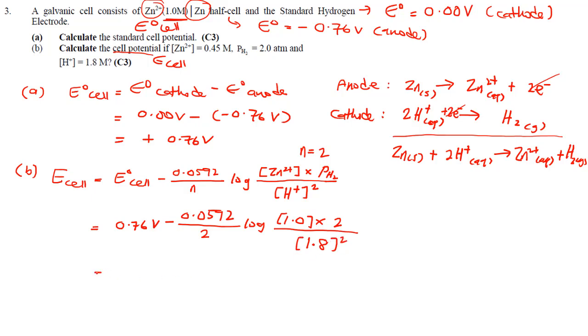Okay, and solving this should give you the cell potential value as positive 0.77 volt. Okay, so I hope students are all clear with the working required by the question, and how we do it step by step to get our cell potential, our E cell.